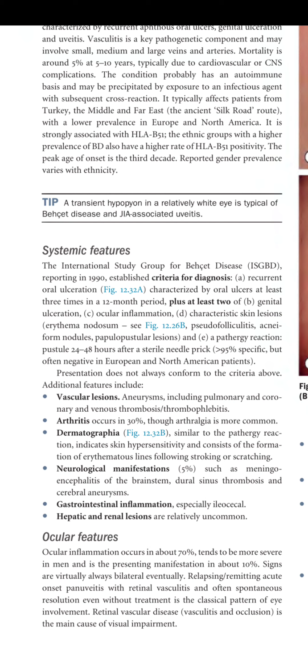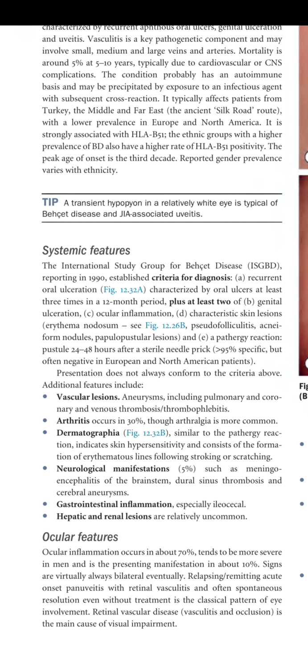So in the vascular case, vessels are affected, so there are going to be aneurysms, especially in the pulmonary and coronary areas, and there is going to be thrombosis as well. Arthritis can occur in 30%, and dermatographia is basically when you scratch the skin and there is skin hypersensitivity. It is called dermatographia.